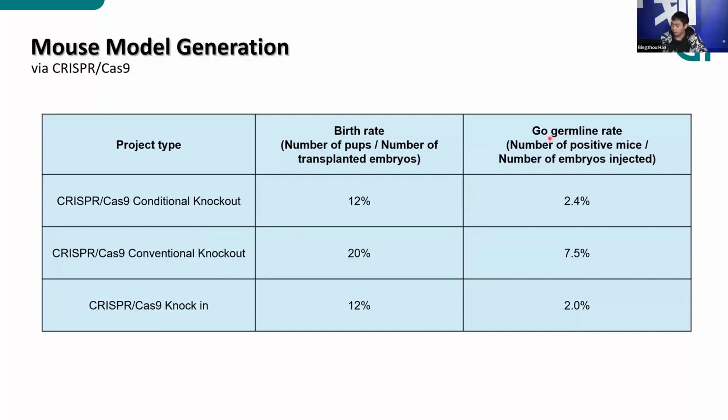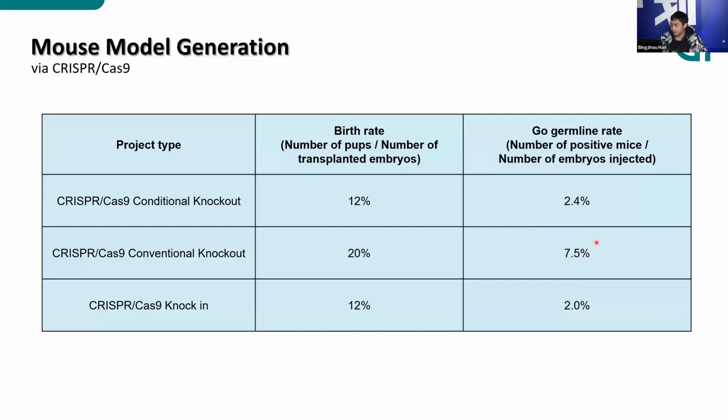We calculate the germline rate differently from research papers, which directly calculate the number of positive founder mice against the number of embryos we inject at the beginning. We can see that in all the cases, the number ranges from an average of 2.5%, 2.4%, 2%, to as high as 7.5%, which is very high.